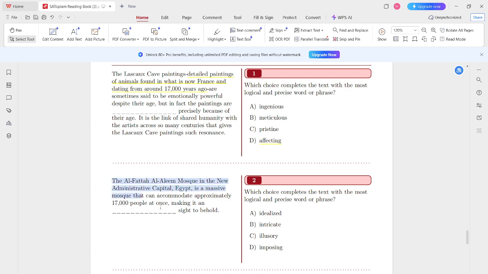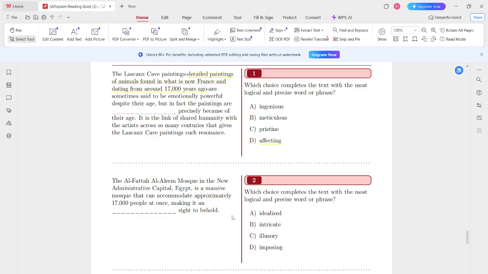Here, we can already see that the main thing is that the mosque is big, and because this mosque can accommodate approximately 17,000 people at once, it is a big sight to behold. So the word "big" or "large" or something like this would fit here.